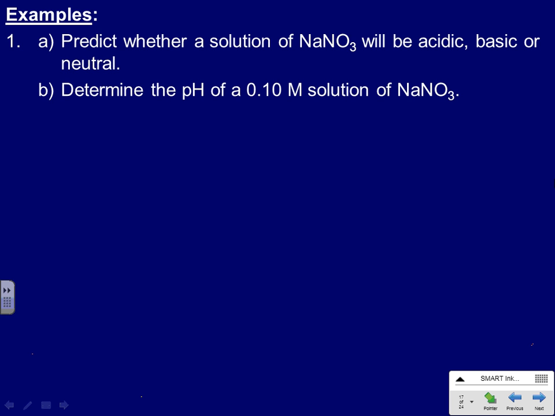And on a test, this is the way I present this type of question. I make you think through how it's going to behave, and then we do the calculation.